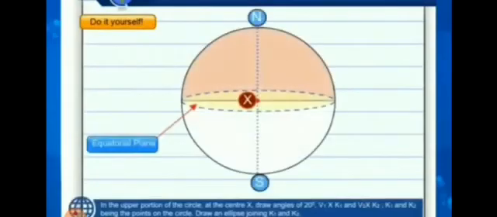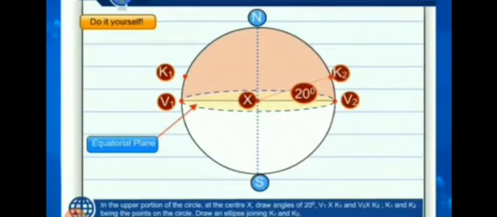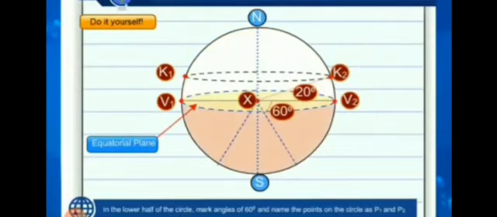Do it yourself. In the upper portion of the circle, at the center X, draw angles of 20 degrees, V1 X K1 and V2 X K2, K1 and K2 being the points on the circle. Draw an ellipse joining K1 and K2. In the lower part of the circle, mark angles of 60 degrees and name the points on the circle as P1 and P2.